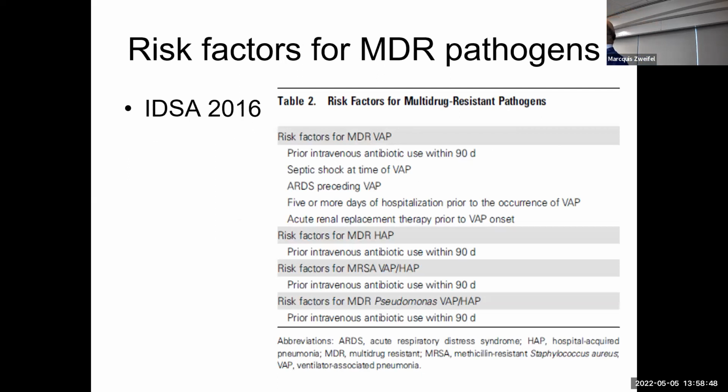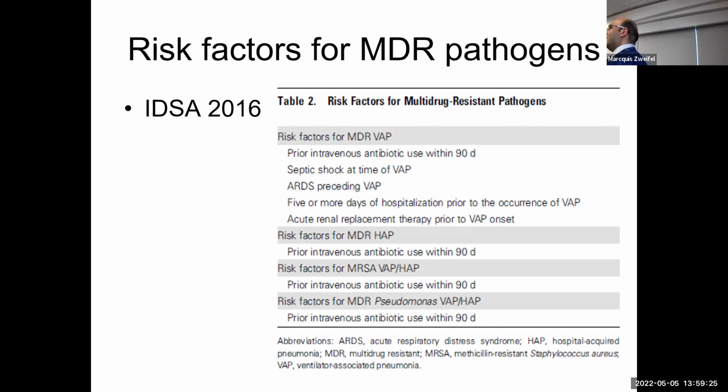Okay, this was one of the pre-test questions that you had yesterday. VAP, risk for MRSA. You remember the 5 things? One, I modified. Instead of IV antibiotic, I put oral antibiotic to have something to select from the 5, right? And I thought it was a negative question, but I wanted to know the 5 things. So anybody had previous IV, not oral, antibiotic in the previous 90 days, somebody who has ARDS, somebody who is requiring renal replacement therapy, dialysis or CRRT, somebody in septic shock, somebody 5 days in the hospital or more.